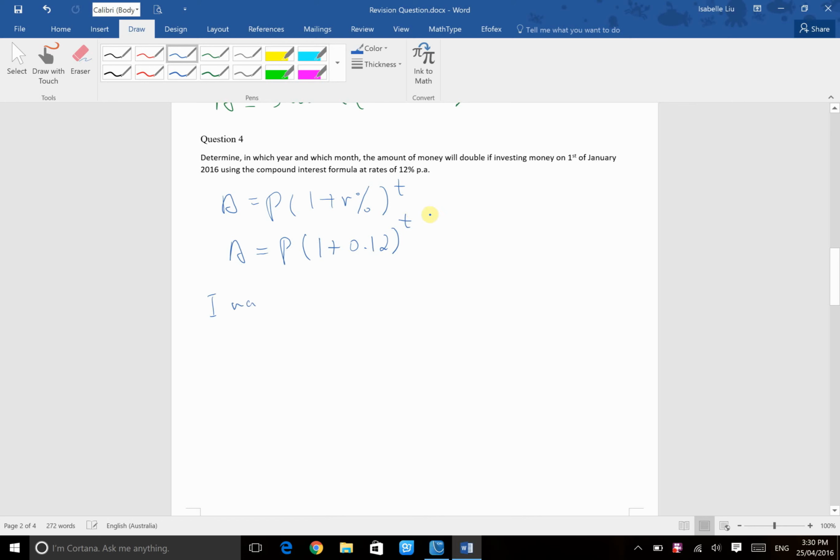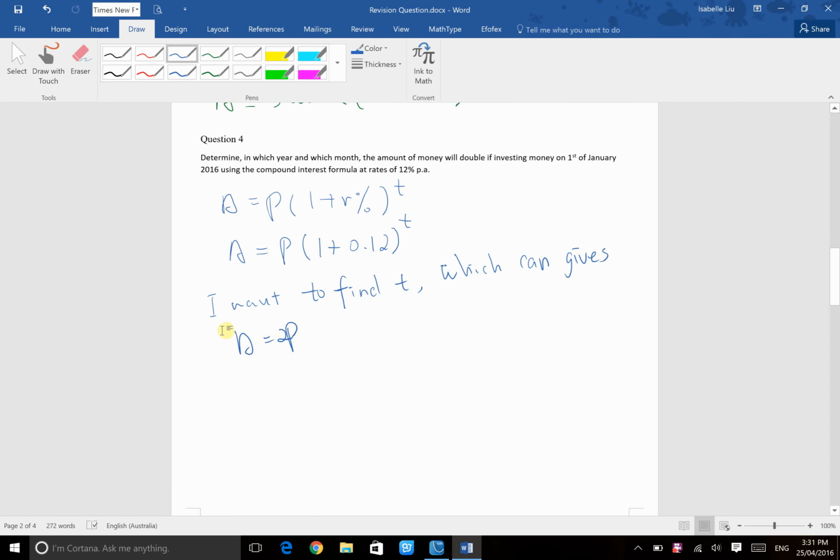I want to find the T value which gives A equals 2P, because I want to double my money.